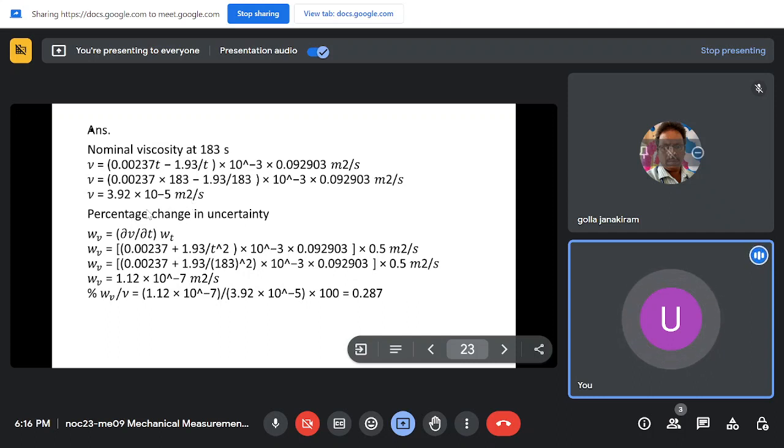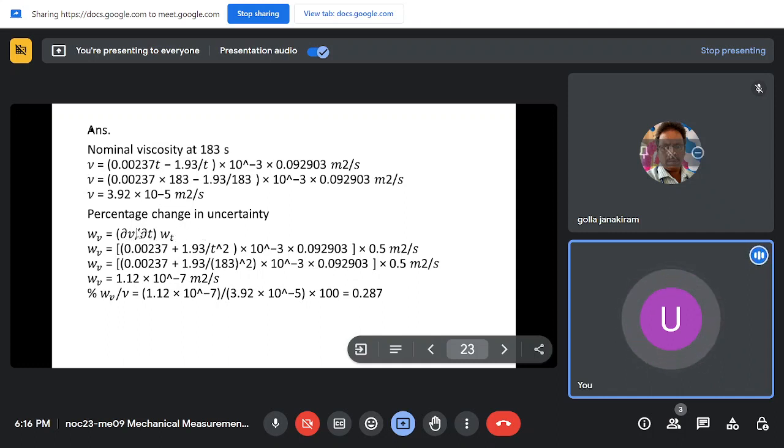And then we have to calculate the percentage change in uncertainty. In this case, we know the viscosity relation, and we know the uncertainty in time. So the uncertainty in viscosity will be dou v by dou t into the uncertainty of time, w t. This is just a recap of the uncertainty relation episode.